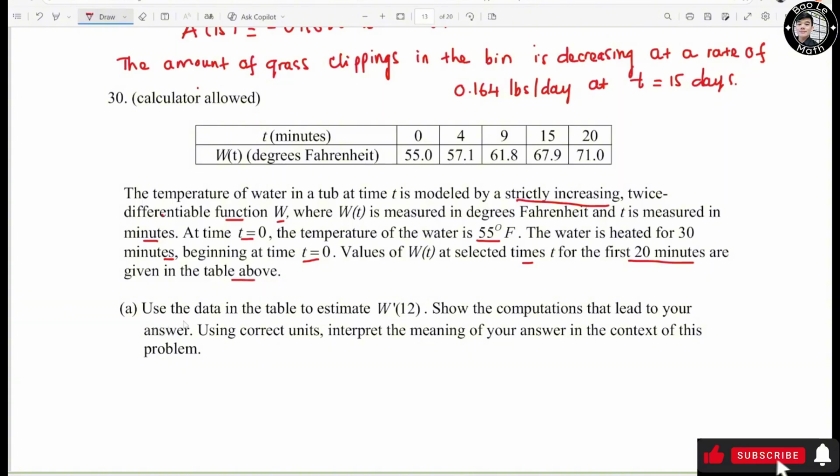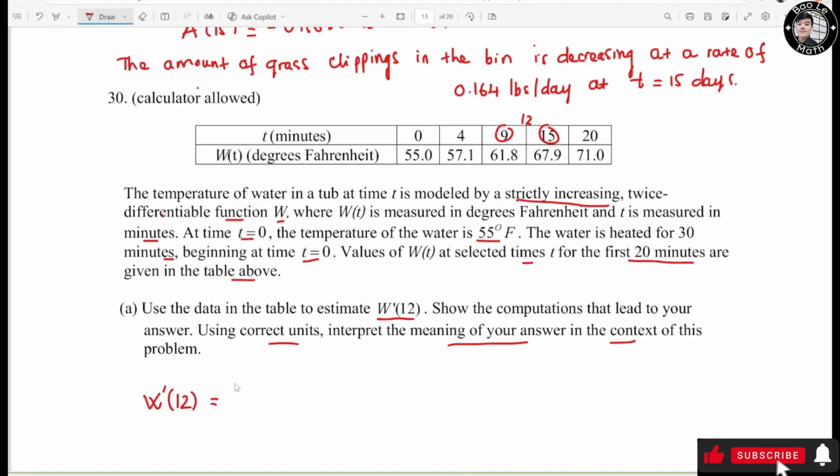Question A. Use the data in the table to estimate W prime of 12. Show the computation that leads to your answer using the correct units. Interpret the meaning of your answer in the context of this problem. Alright, so W prime of 12. 12 is between 9 and 15, so we're going to use the mean value theorem.